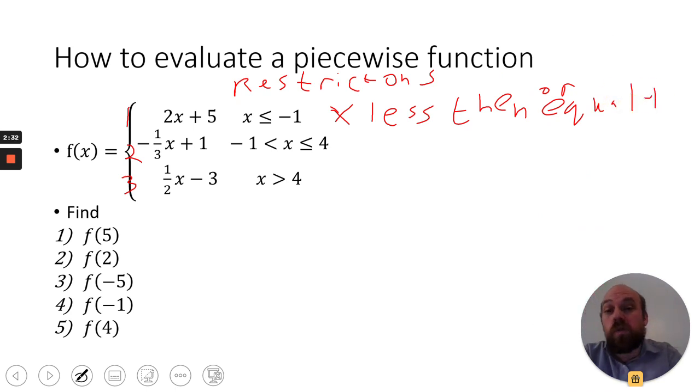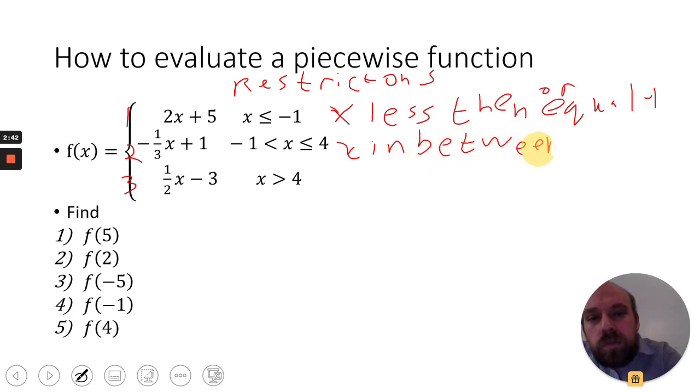Second rule, negative 1 less than x, less than or equal to 4. So x has to be in between negative 1 and 4. We want to include 4. And the last one, the third rule, x has to be greater than 4.